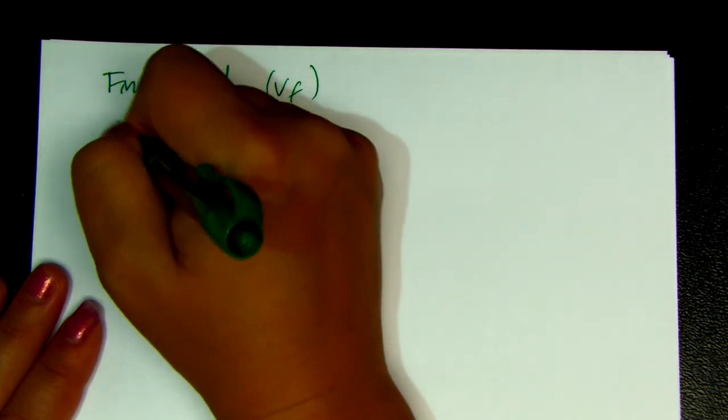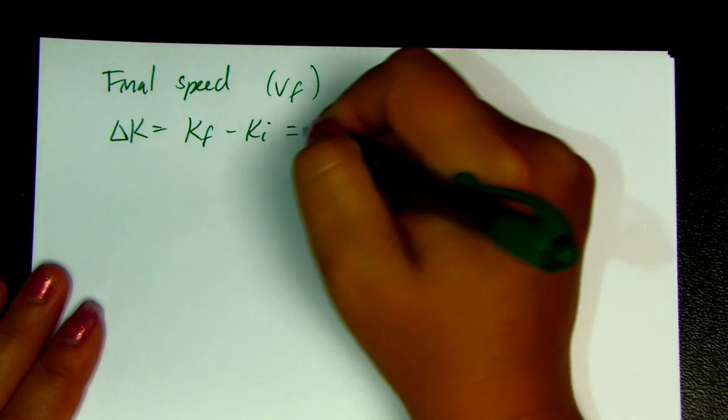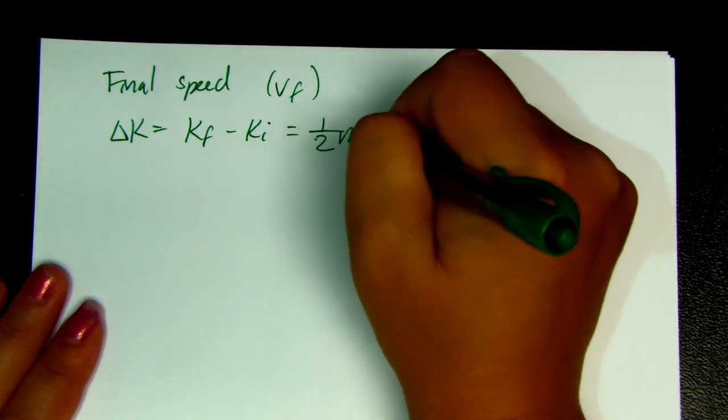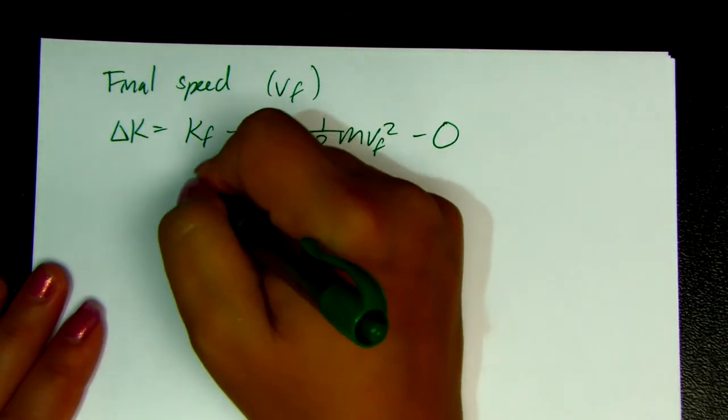So we know that delta K is equal to K final minus K initial, which is equal to 1/2 m v final squared minus 0 because v initial was 0.